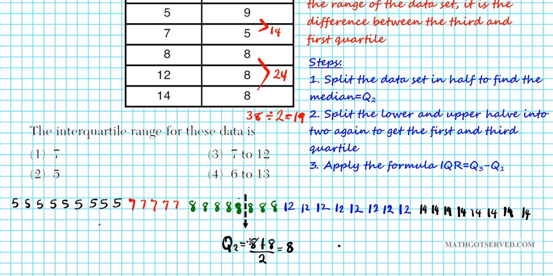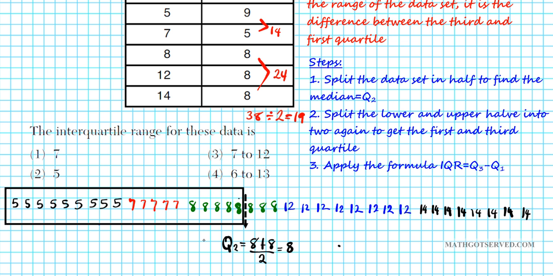What do we do next? Remember in our steps, we split it into an upper and lower half. So what we're going to do is we're going to look at the lower half. Look at this as a data set. What is the median of this lower half right here? Let me show you what I'm talking about. So you group this entire data set together, and then you ask yourself, what's the median here?